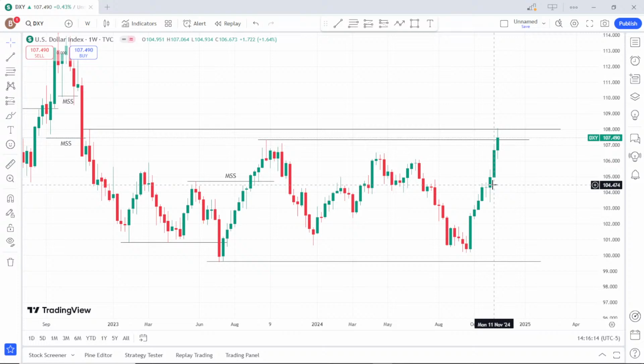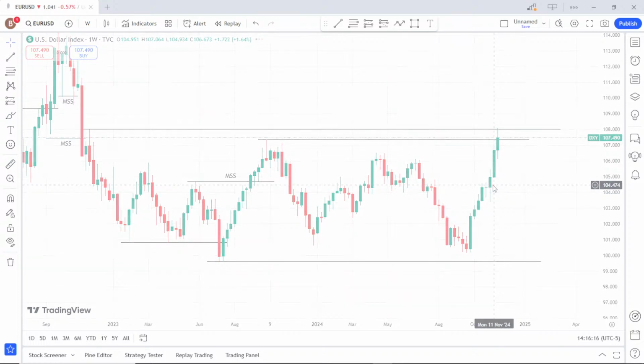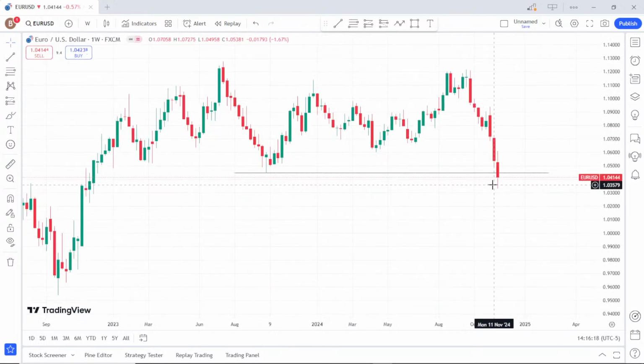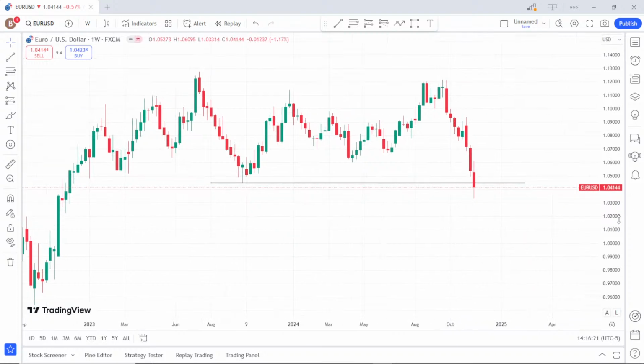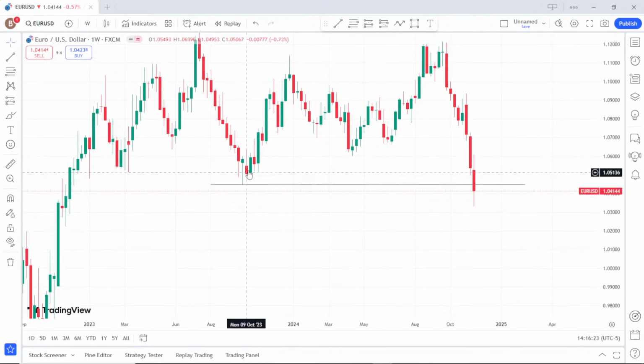So that's it. So let's go to the euro chart now. For the last 2 weeks, I've highlighted this particular sell side liquidity.